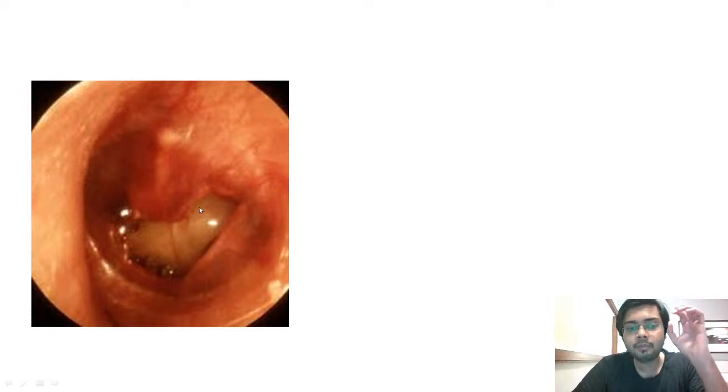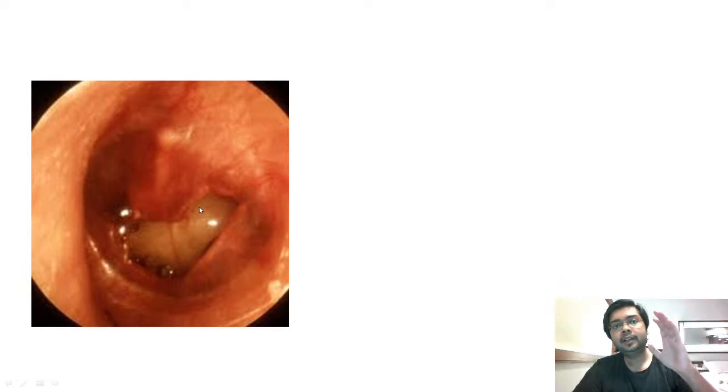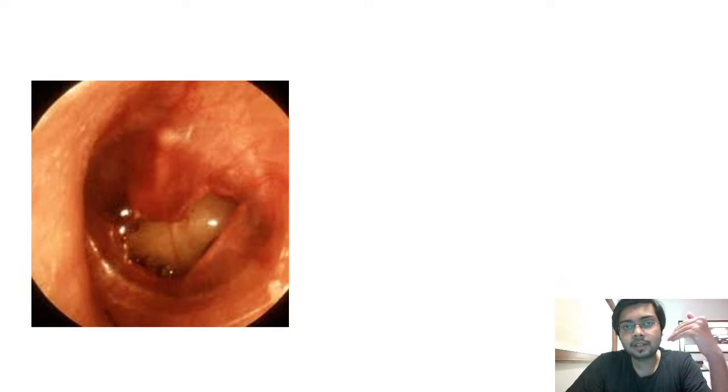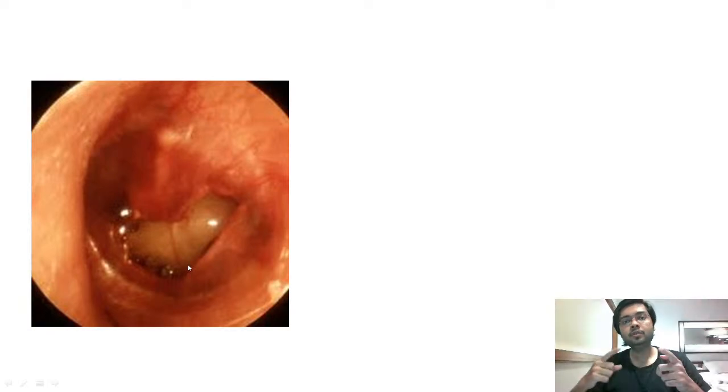Because if any patient charges someone with a criminal complaint, it amounts to grievous injury, so you need to see whether this perforation is healing or not. You need to wait for 6 weeks, and if it doesn't heal, then it will amount to grievous injury or grievous hurt.